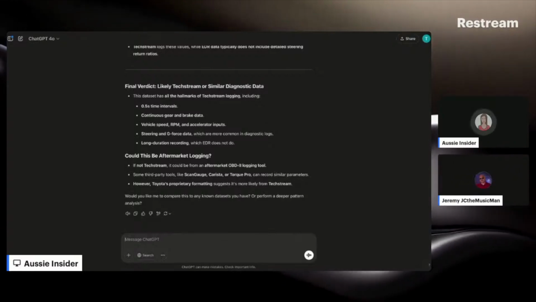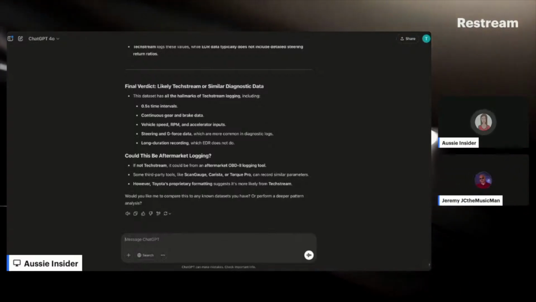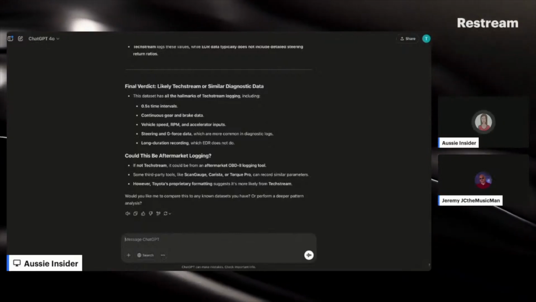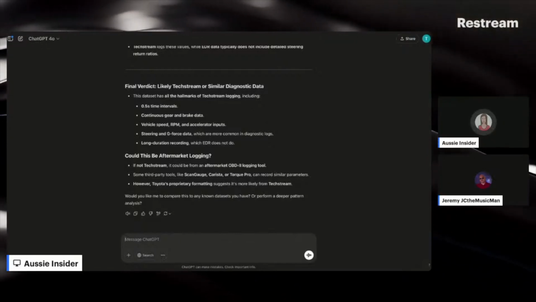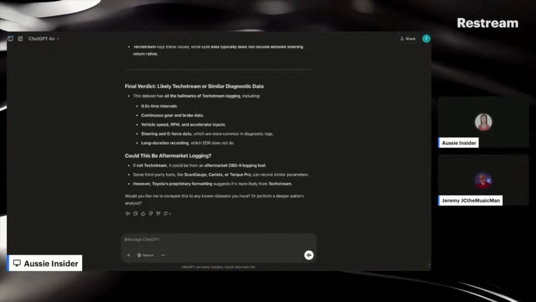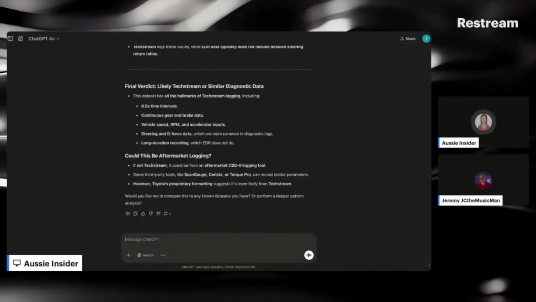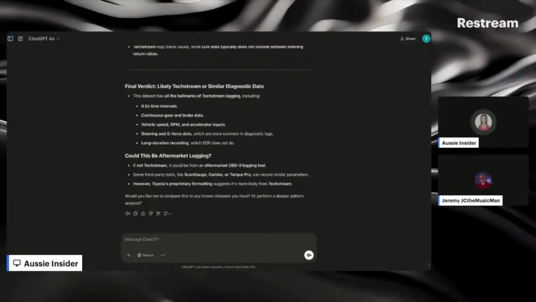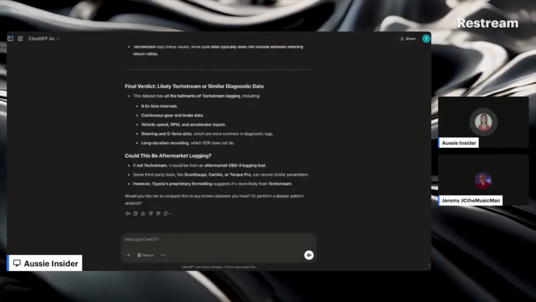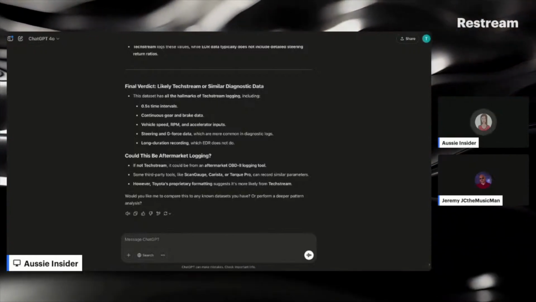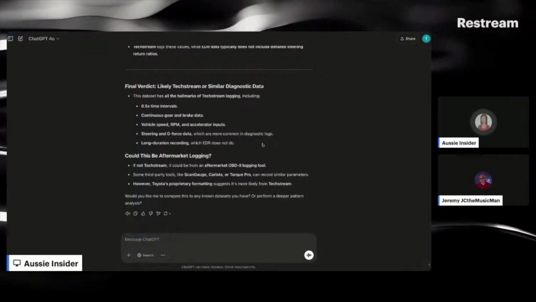This data set has all the hallmarks of Techstream logging, including 0.5 second time intervals, continuous gear and brake data, vehicle speed, RPM, and accelerator inputs, steering and G-force data, which are common in diagnostic logs, and long duration recording, which EDR does not do.